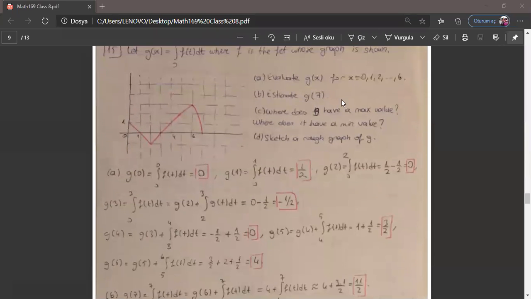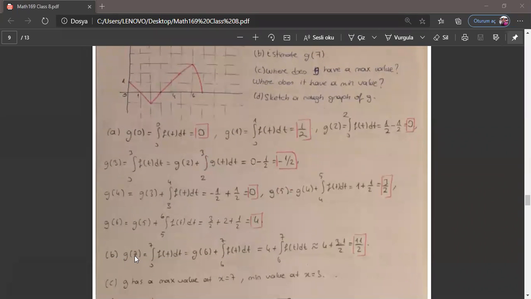What about g of 7? We will estimate it. So we estimate g of 7. We know it's from 0 to 7 here. Okay, it can be written as we did there before, g of 6 plus this. What's g of 6? We computed it before. It's 4 plus this integral. So from 6 to 7.